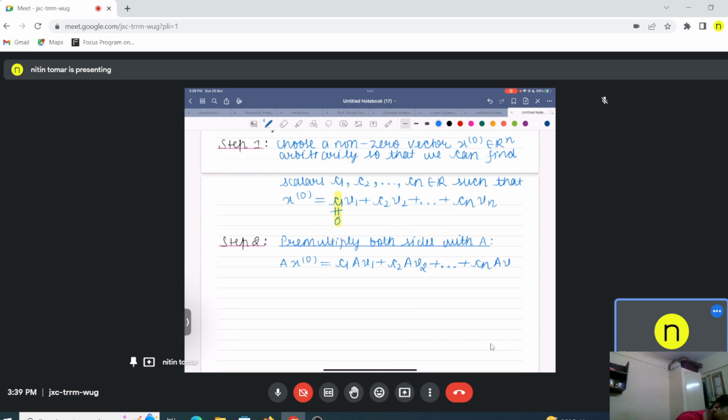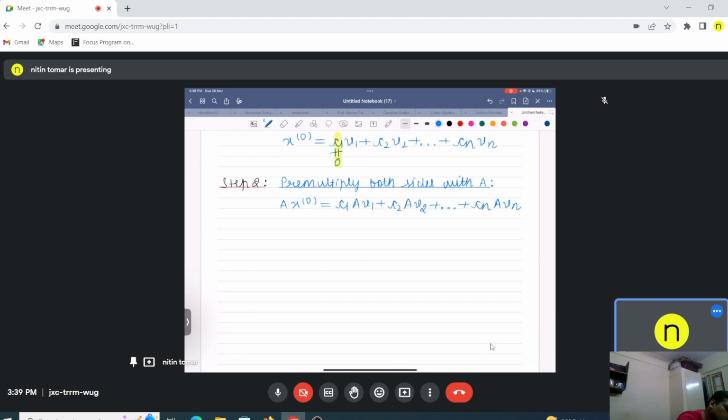Why will this be true? Because V1, V2, up to Vn were eigenvectors, so they will be C1 lambda 1 V1 plus C2 lambda 2 V2 plus Cn lambda n Vn.